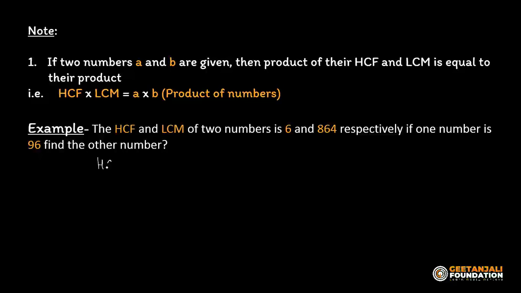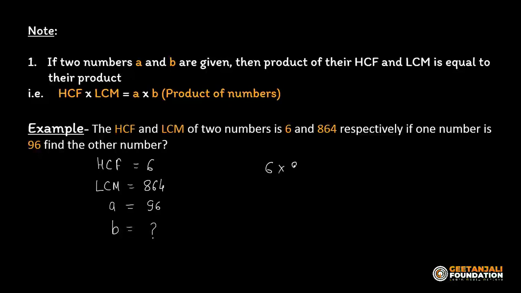In this question, HCF is given equal to 6 and LCM is equal to 864. One of the numbers, let's say A, is given, which is equal to 96, and we have to find B. So we will put the values in the given formula.